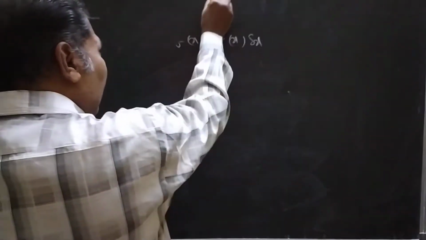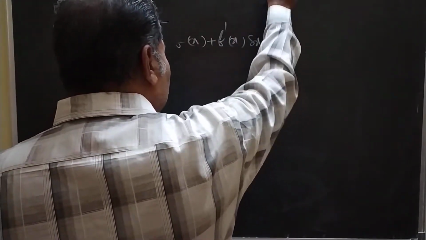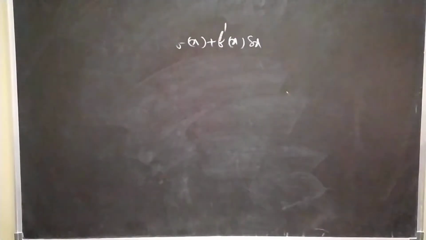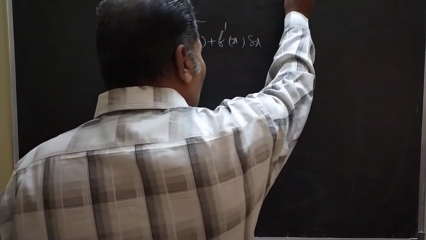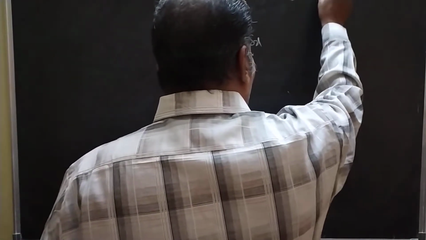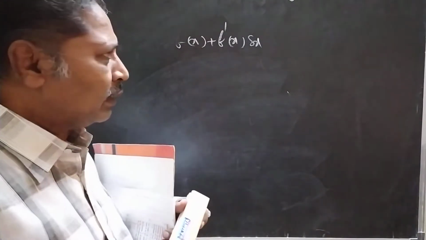So take x equal to 60 degrees and delta x equal to 1 minute. 1 minute equal to 1 by 60 degrees, which is alpha by 60.